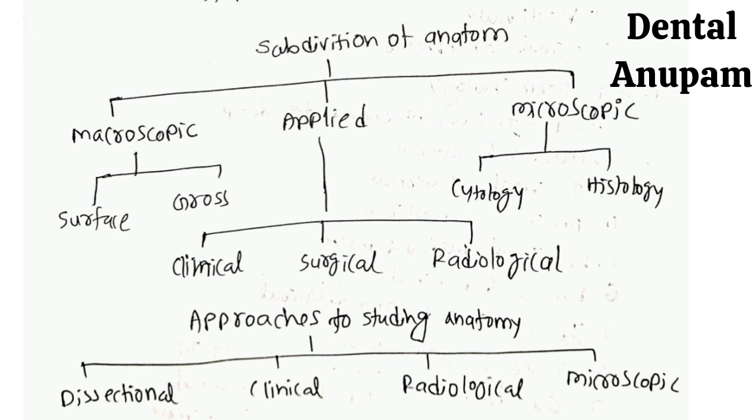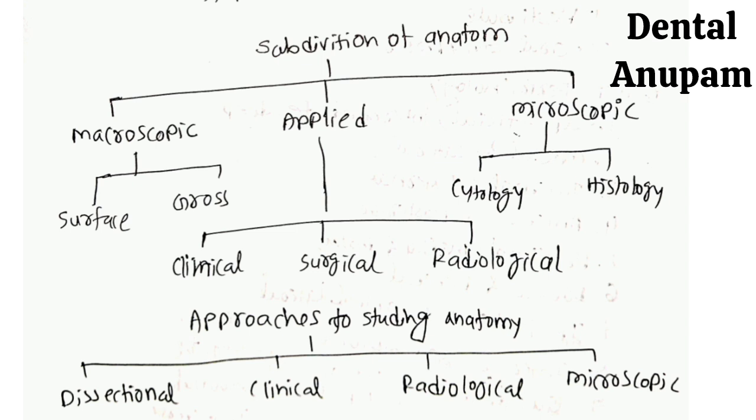Macroscopic anatomy. Macroscopic anatomy is the study of structures that can be seen by the naked eye. It encompasses the following: gross anatomy. Gross anatomy is the study of the form or structures of the body part as seen by the naked eye or unaided vision.